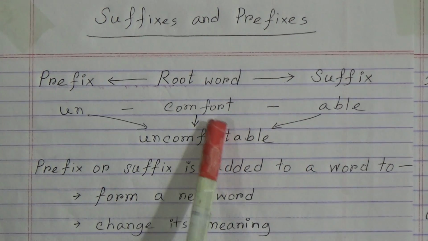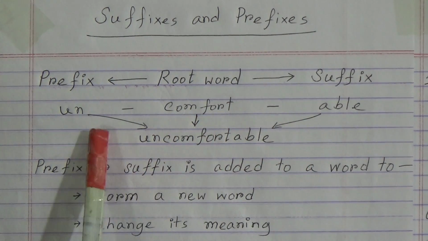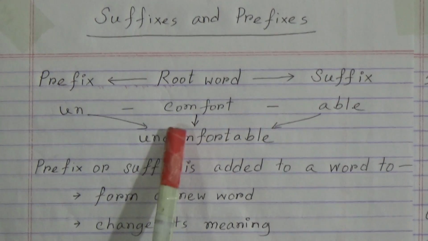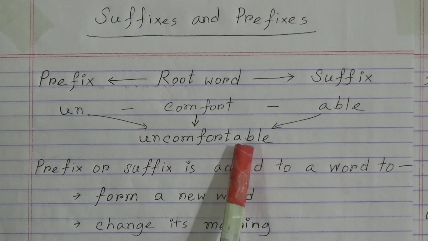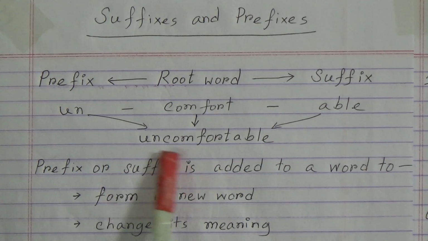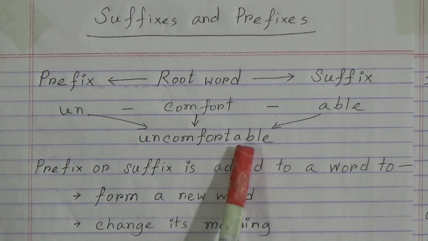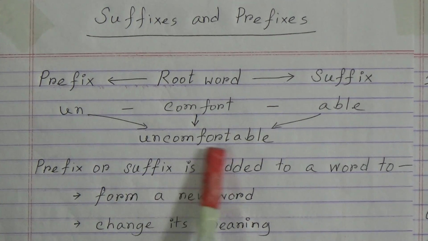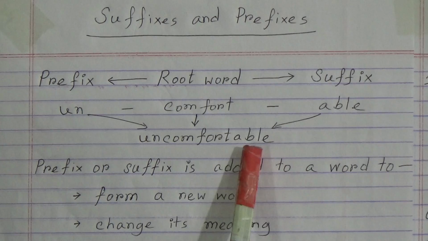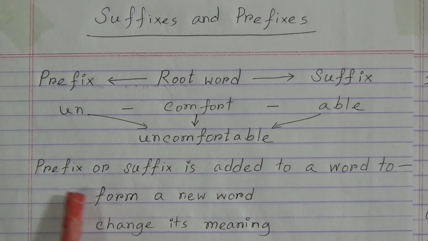In this way, we can add prefix or suffix or both with a root word and make a new word. Here, un is the prefix, comfort is the root word and able is the suffix, and we get a new word uncomfortable. Now let's see why we use prefix or suffix or what it does.